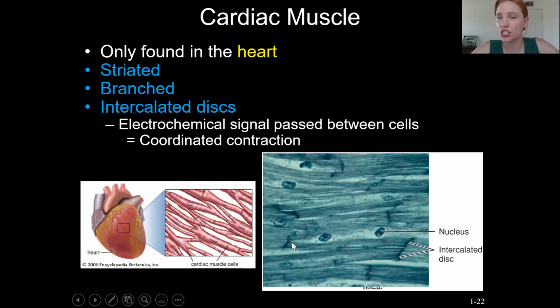It's branching, okay? And because it's branching like that, that's why they tend to look a little bit less organized than skeletal muscle tissue. Because of the branching, it makes it harder for them to stack neatly on top of each other. Okay, so the shape of the cell is different.